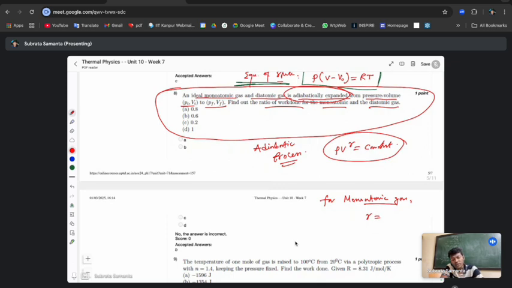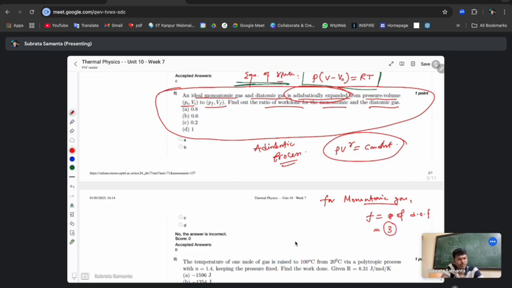What is the degree of freedom for monatomic gas? F is the number of degrees of freedom. For monatomic gas, only translational motion, so it's 3.